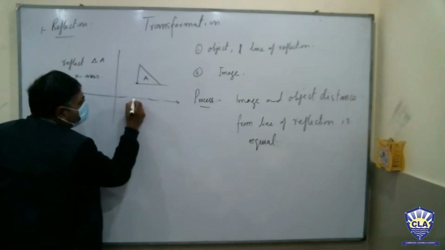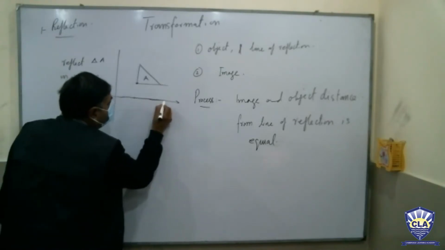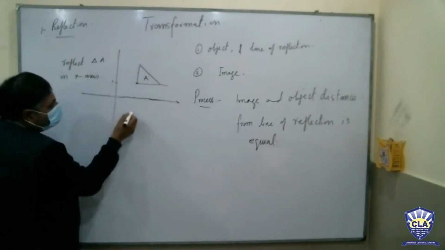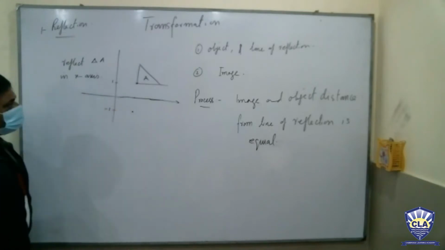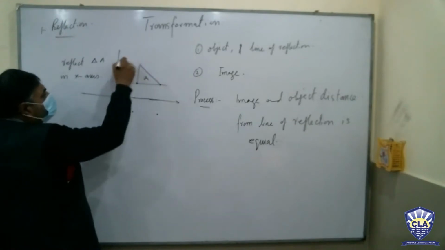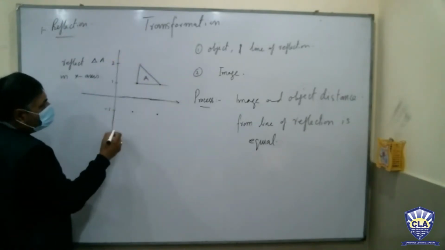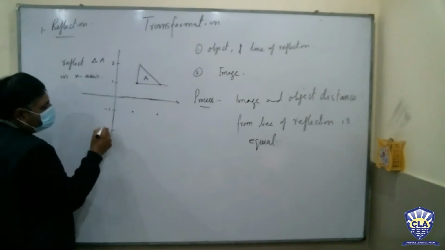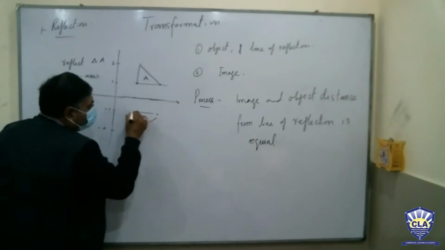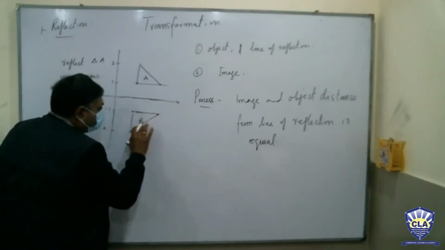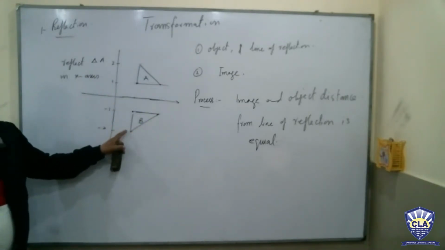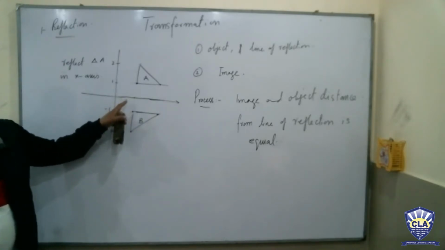This point, reflected in that line, will be over here. If it is 1, then it will be -1. If it is 2, then it will be -2. Triangle B is the reflection of triangle A in the line x-axis.